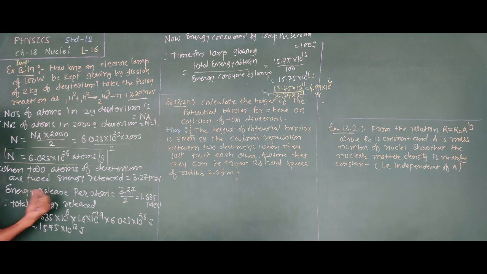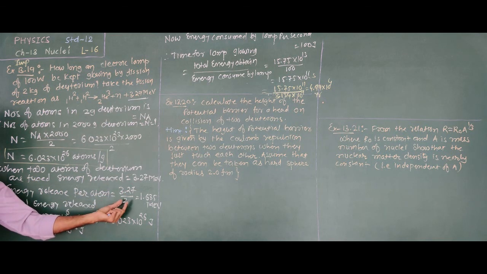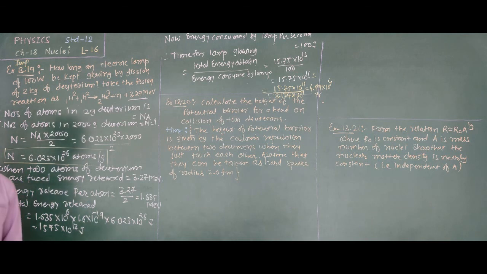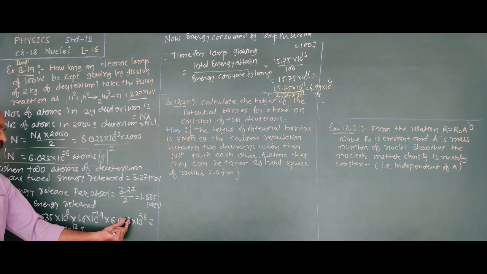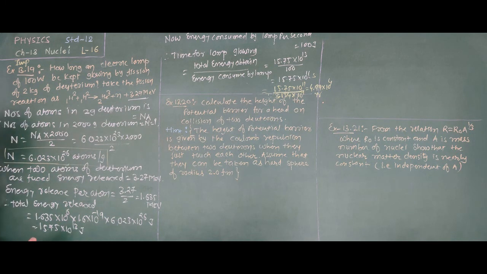When the two atoms of the deuterium are fused, energy released is 3.27 MeV. Therefore, energy released per atom is 3.27 by 2, 1.635 MeV. Total number of the deuterium atoms in 2 kg is this N. Therefore, total energy released from 2 kg deuterium is 1.635 into 10 to the power 6, that is mega electron volt, therefore convert into electron volt, then convert into joule, we multiply by 1.6 into 10 to the power minus 19, and the number of deuterium atoms is 6.023 into 10 to the power 26, that much joule.